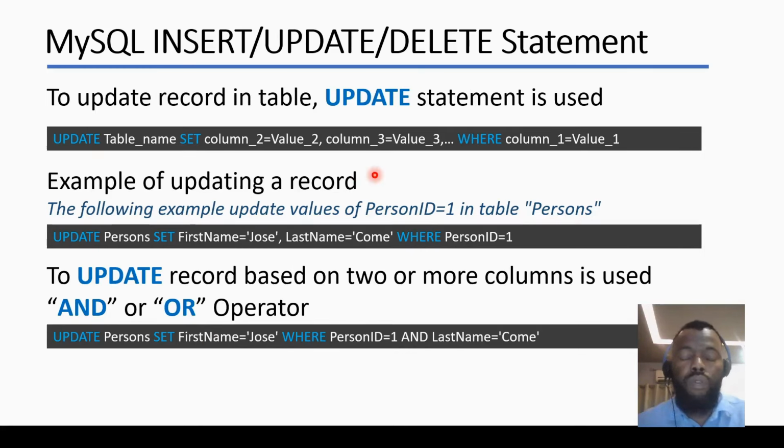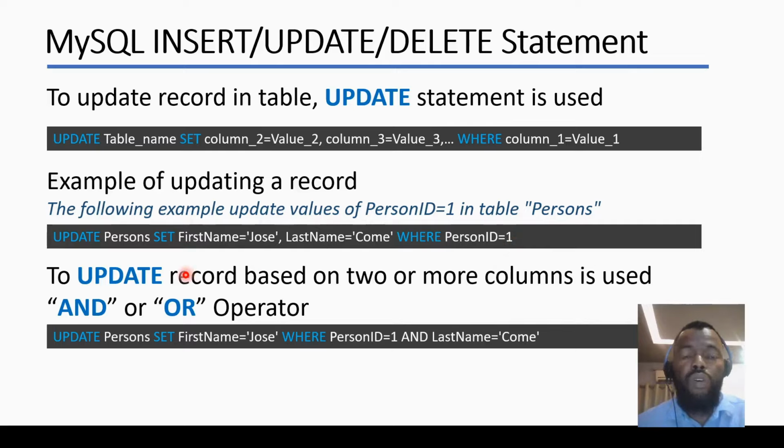We also have an option to update data in a database. For this case, we have an update statement. In the update statement we have the keyword update, a table name, set to list the columns that we need to update, and a where condition. We have an example here where we update the first name and last name where person ID is 1.